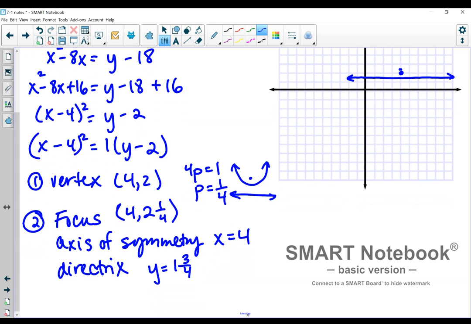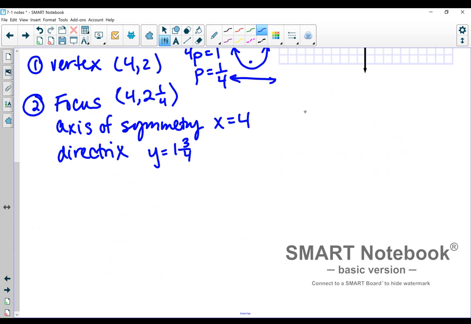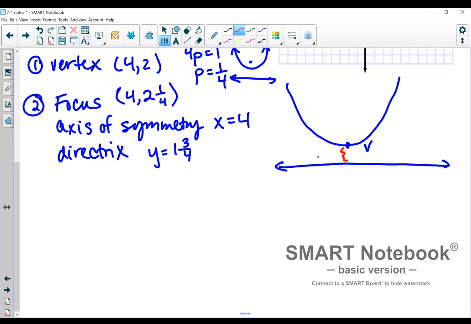So I'm going to, on some scratch paper over here, just show what's going on, again with the latus rectum. So if my vertex is here, and my directrix is down here, and P equals 1/4, and here's my focus, I know that the length from my focus to those points that are actually on the parabola is going to be 2p.